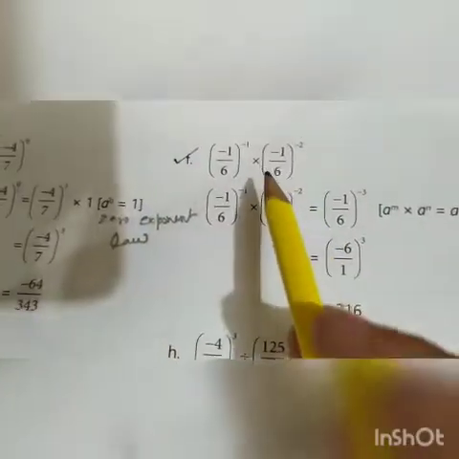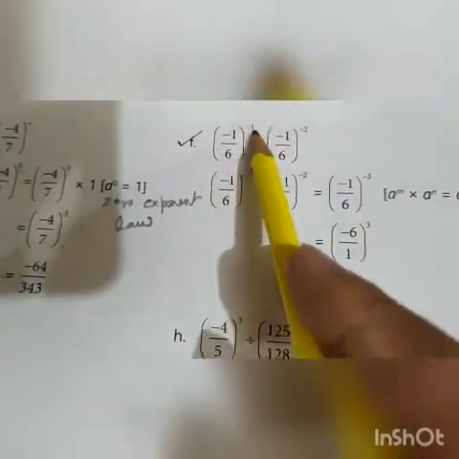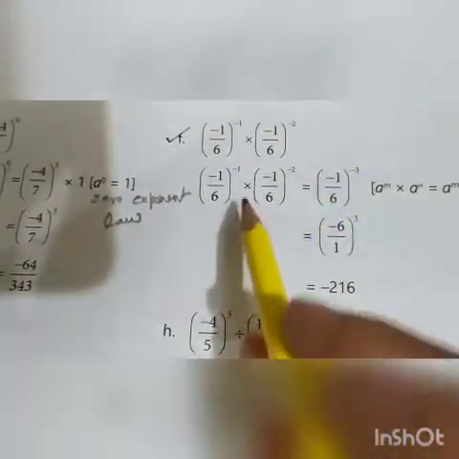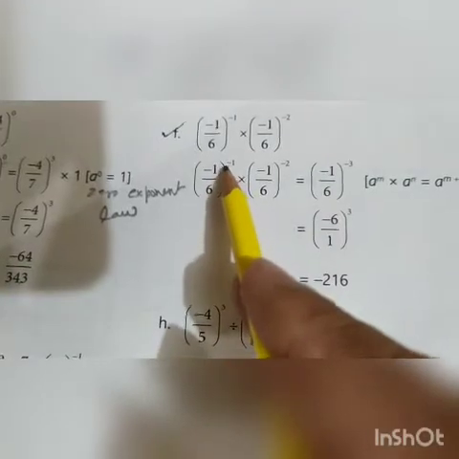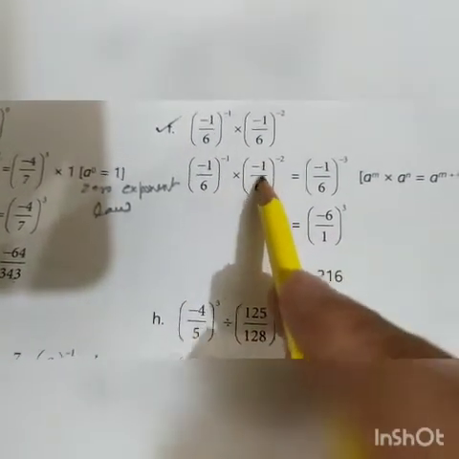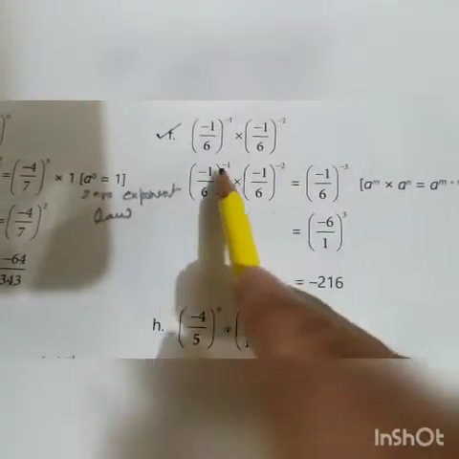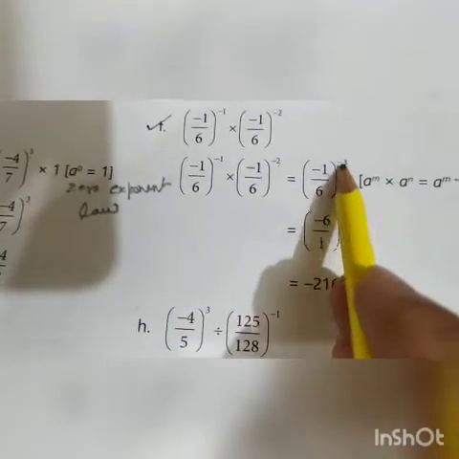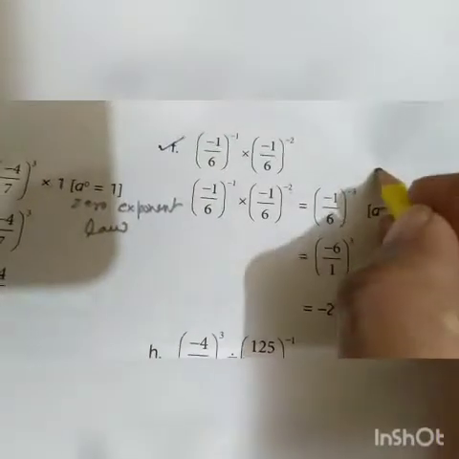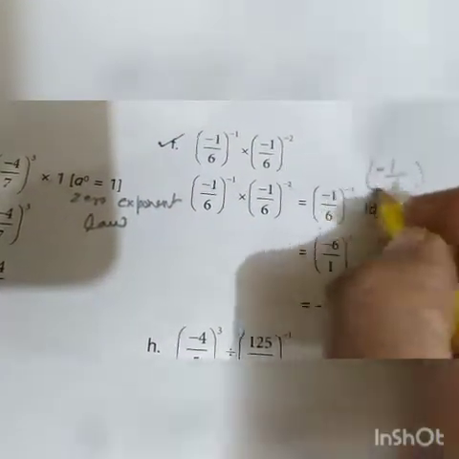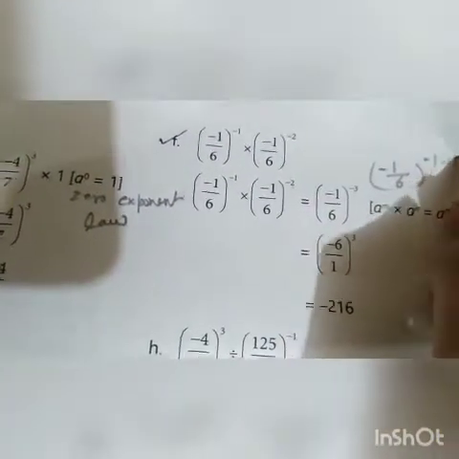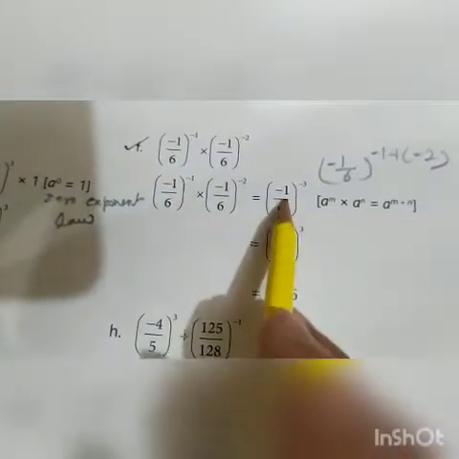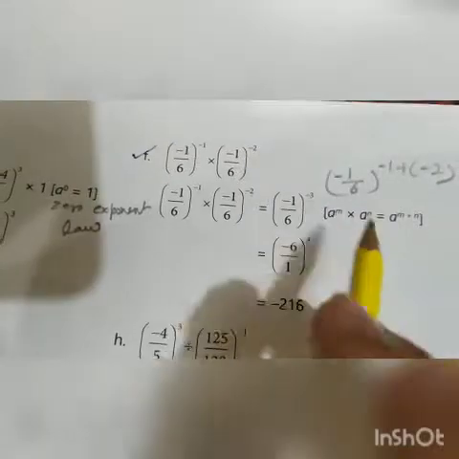Next example, F. (-1/6)^-1 multiply (-1/6)^-2. We will add these two powers, so it will become (-1/6)^-3. Or we will write first like this: (-1/6)^(-1 + -2). It will become (-1/6)^-3.